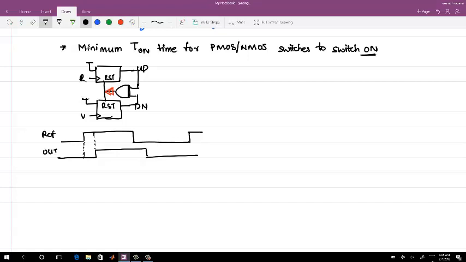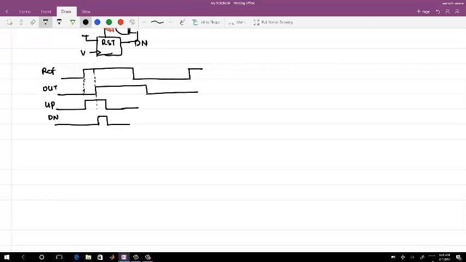In response to this, I have my up pulse, which is here, and the down pulse is this. Now you see that I am using this PFD with a filter that is now not only C; the filter is R1 C1, with ICP.